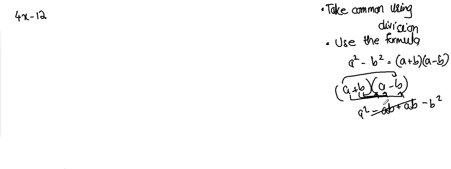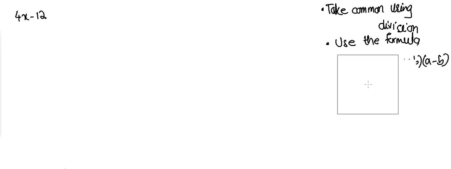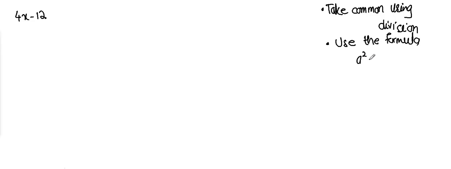Minus and plus are going to cancel out, they neutralize each other, and as a result we get a square minus b square, right? Are we understanding this? Okay. Yes. So this is how we are supposed to do it. So as simple as that.